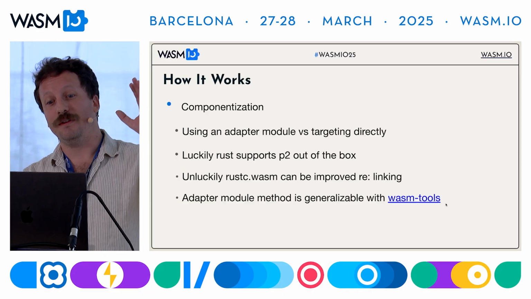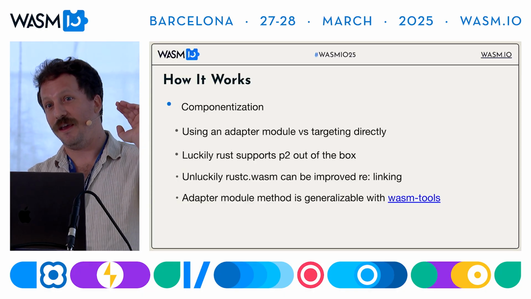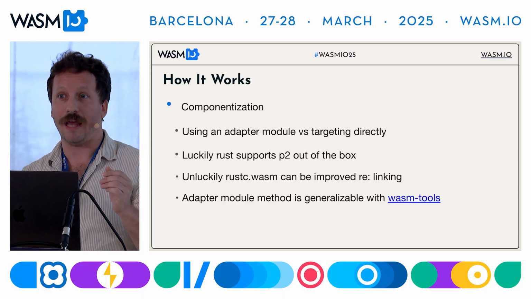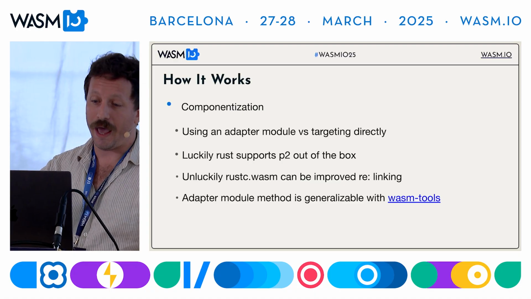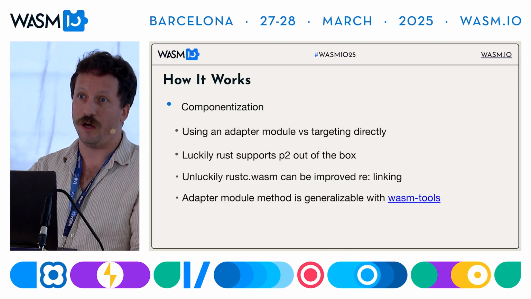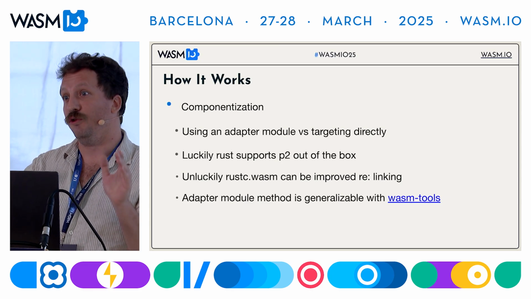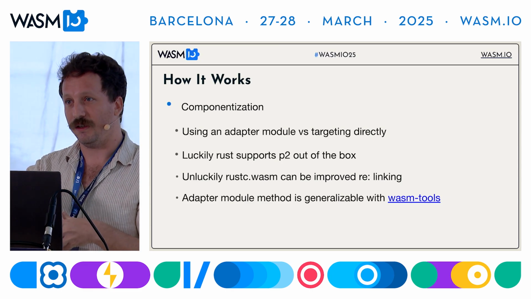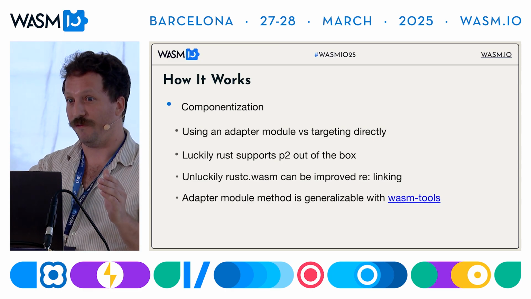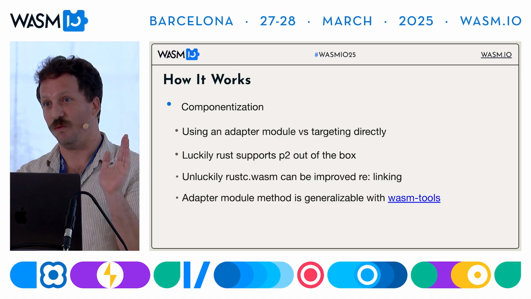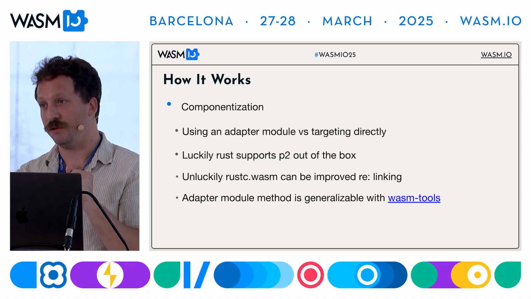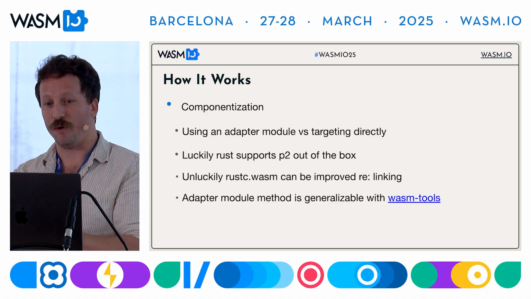Rust was the first one to do that, and then other languages started doing it, and then Rust actually added WASI P2 as a target that it supports in the stable build of the Rust compiler. So right now, you do not need to do the adapter module process manually at all. If you just do --target wasm32-wasip2 when you do your Rust compilation, it will generate a component.